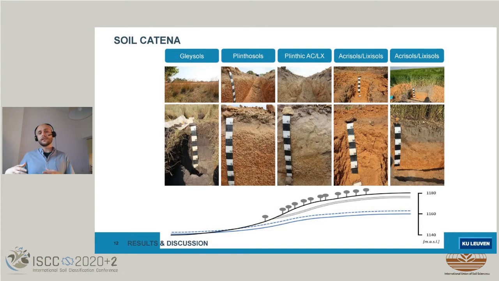And then at the interfluve areas, really on top, where most of the large-scale irrigation was practiced, we would see these acrisols and lixisols occurring associated with phaeozems. So this is actually a nice overview of the general pattern that we encountered throughout the study area.